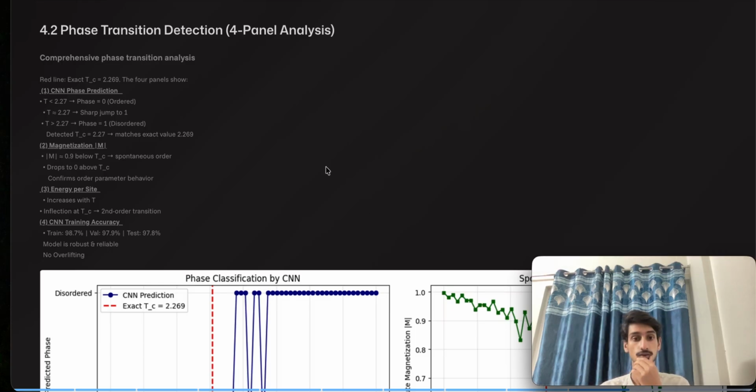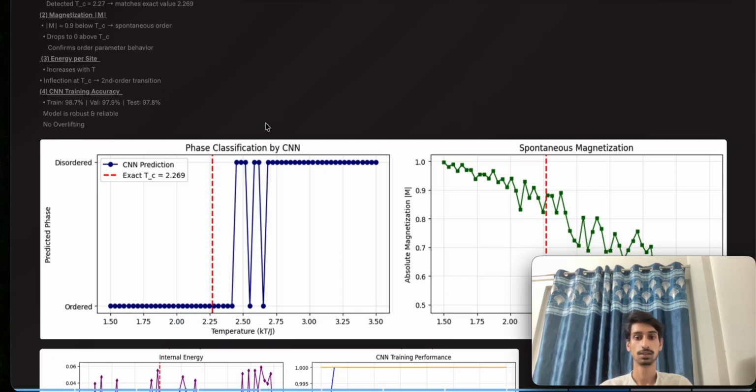Here in the CNN phase prediction, when the temperature T is less than 2.27, the phase is ordered, which is the CNN prediction will be 0, and approximately at 2.27 there is a sharp jump to 1, and then after 2.27 it becomes disordered, and it detected that 2.27 is the critical temperature, which matches exactly the theoretical value 2.269.